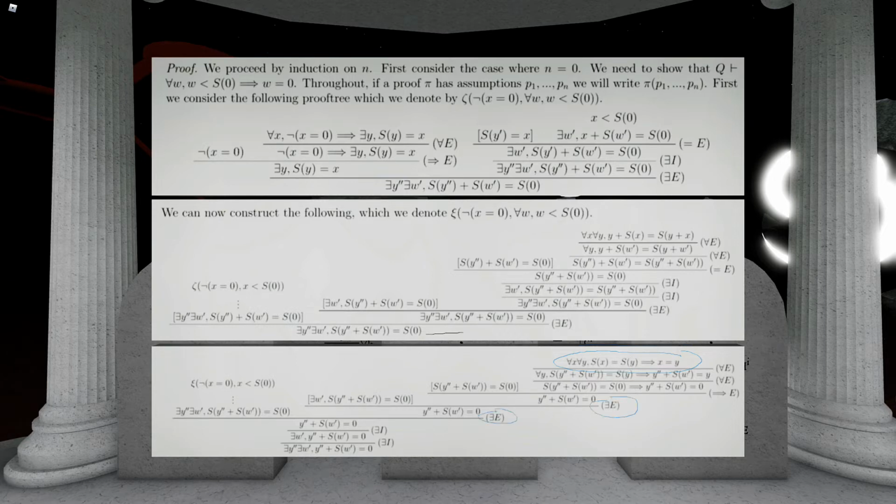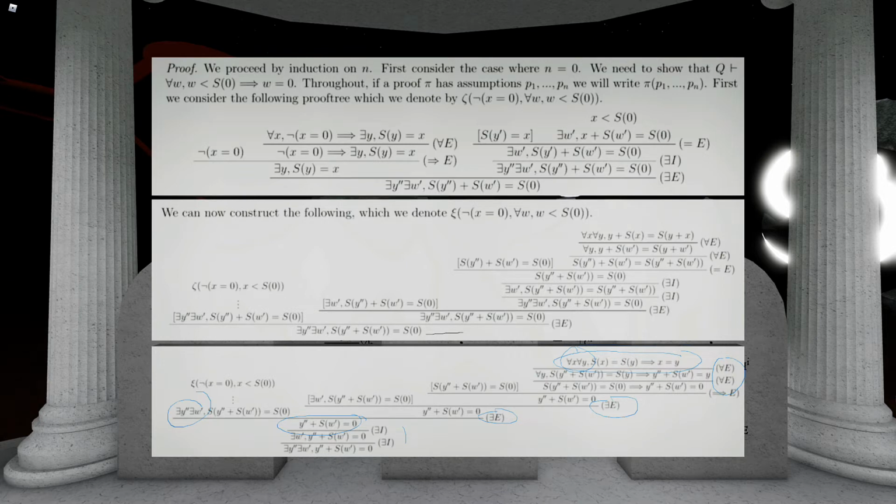So I have these two existential eliminations that are getting rid of these two existential quantifiers, and I have these two for all eliminations removing these two universal quantifiers, and then once I have the statement I'm after, Y double prime plus S of W prime is equal to 0, I can then introduce two more existential introductions in order to get this bottom line down here.